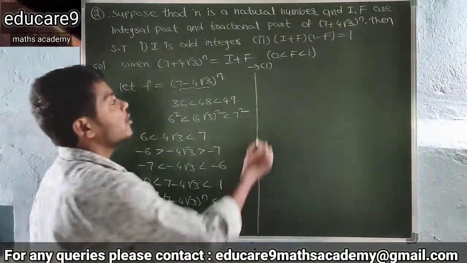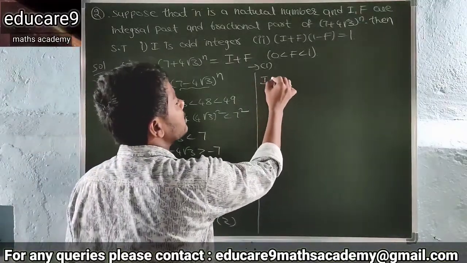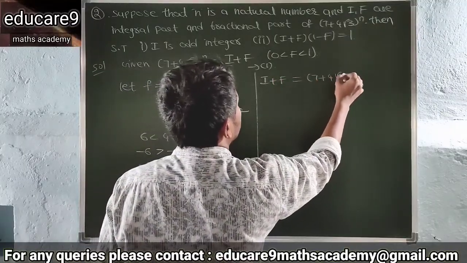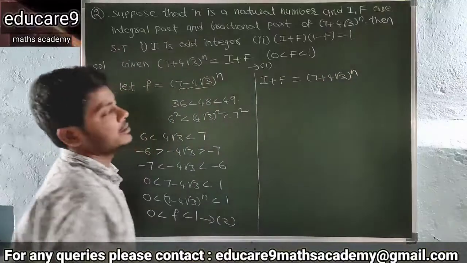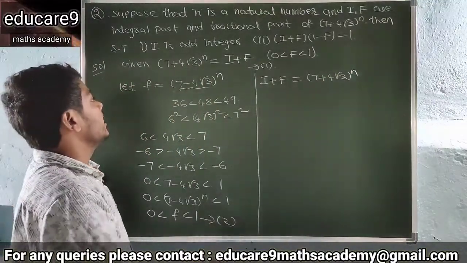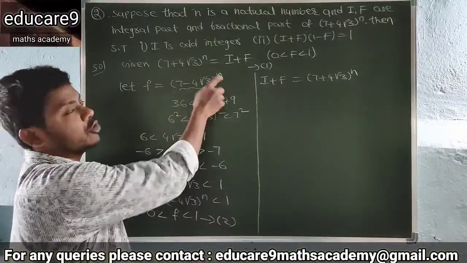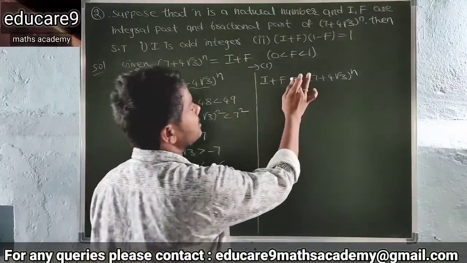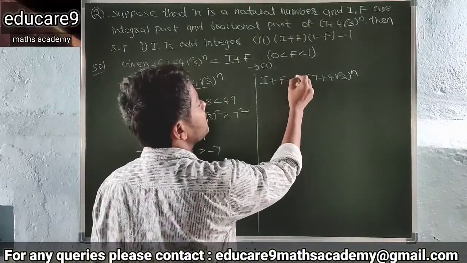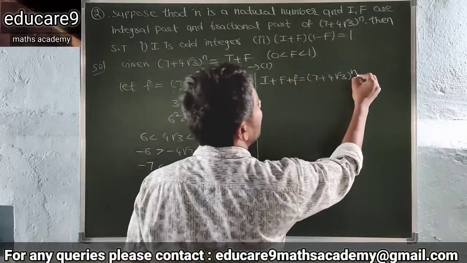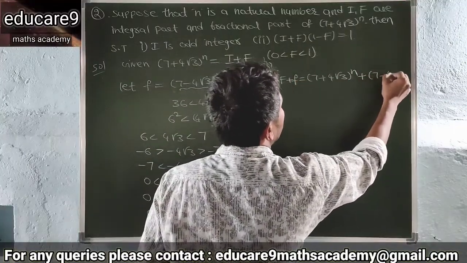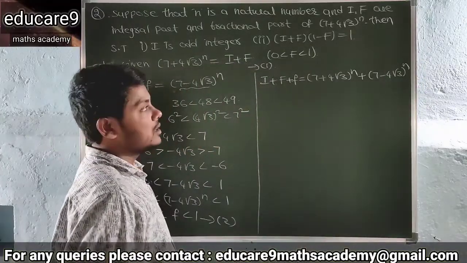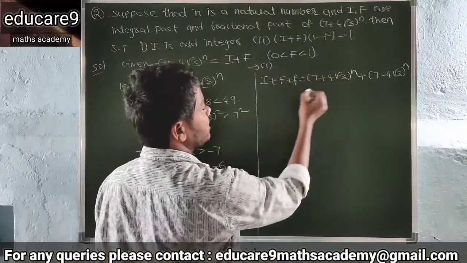Now see here, what is I plus f? That is (7 plus 4 root 3) whole to the power of n. And what is small f? (7 minus 4 root 3) whole to the power of n. So add these two: I plus F plus small f is equal to (7 plus 4 root 3) to the power of n plus (7 minus 4 root 3) to the power of n. Now find this expansion.